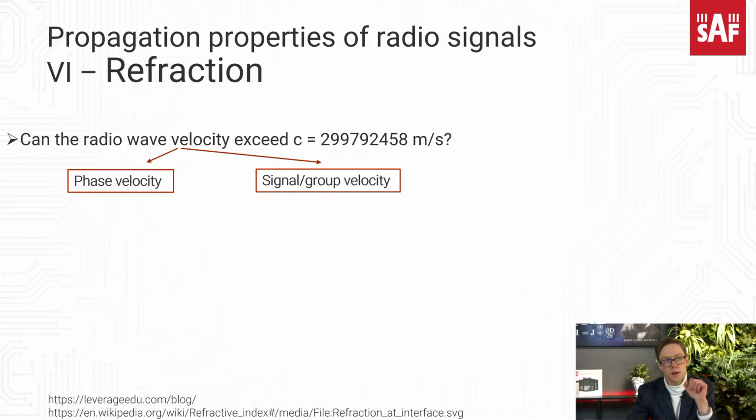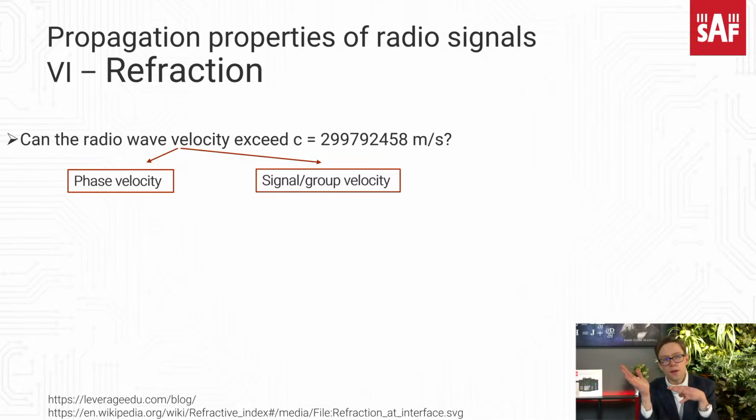The phase velocity is the speed of phase propagation of the wave. So this is the velocity of the phase propagation, or we can say of the crest of the waveform, which propagates in space.